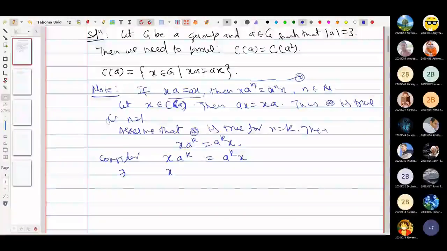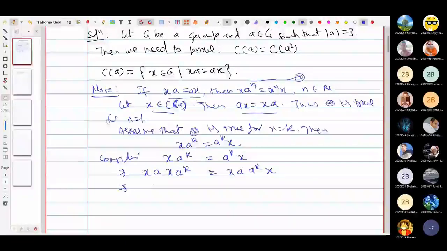For this, we can multiply on both sides. We write x a to the power k, and on the left side we multiply with xa, and here also we multiply with xa. But we know that x belongs to C(A), that is ax equals xa.